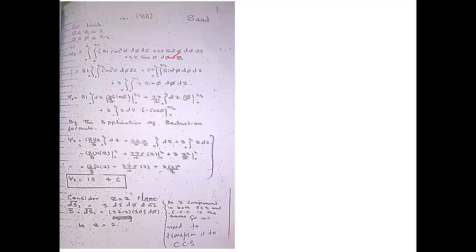Now consider the z equal to 0 plane. This was the z equal to 2 plane, and now the z equal to 0 plane. We have the same expression, but the difference is the minus sign, because the z equal to 0 plane is the bottom surface, the base surface of the structure, so that surface is in the direction of minus z.